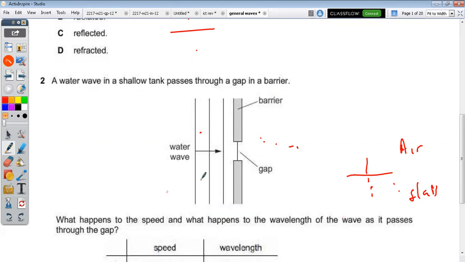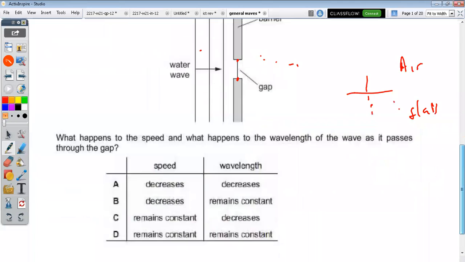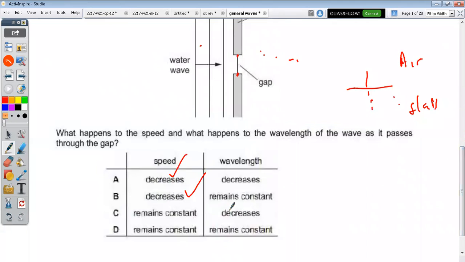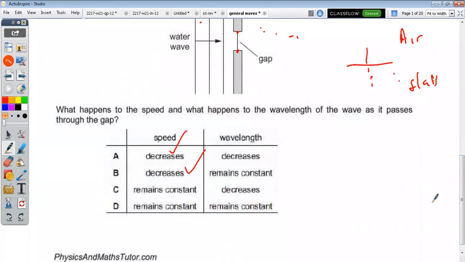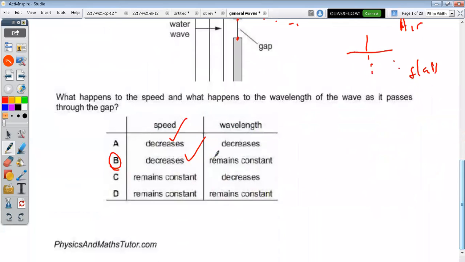So you're actually correct, at this gap the speed decreases. Are we together? Very correct. So what happens to the wavelength? It remains constant. The wavelength is not affected by the gap.